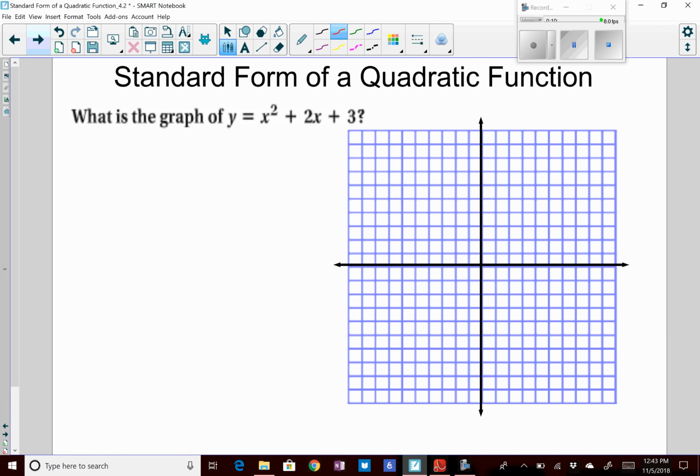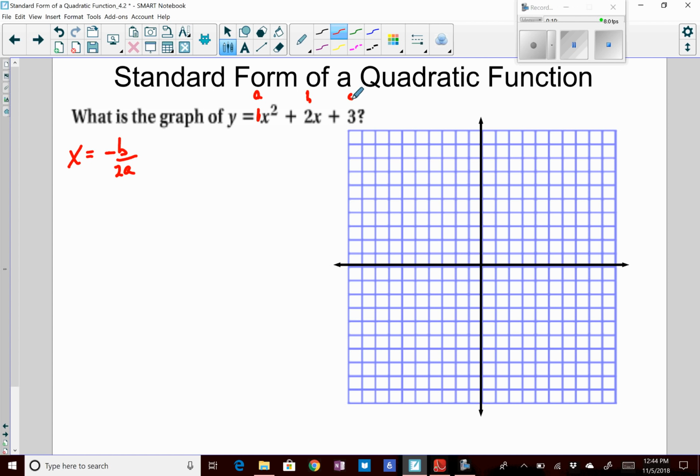So here they want us to actually graph a quadratic function, y equals x squared plus 2x plus 3. The first thing to write down on your paper when you're graphing a quadratic function is that equation, x equals negative b over 2a. We want to calculate this. We know that 1 is a, 2 is b, and c is 3.